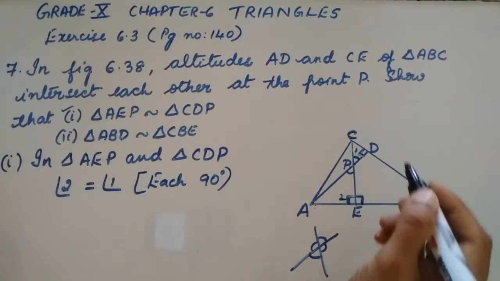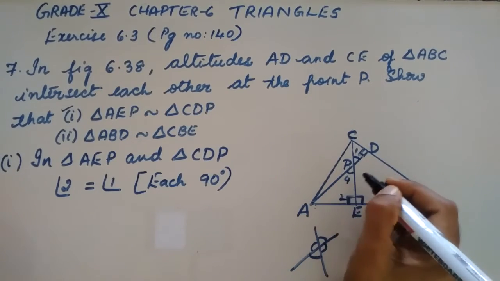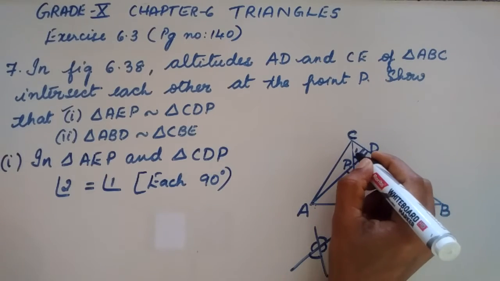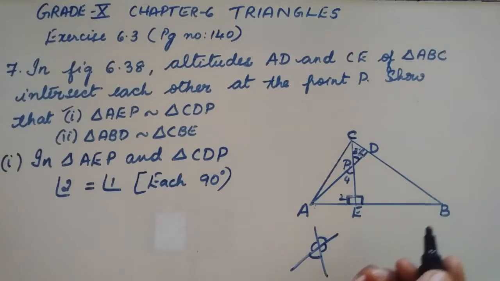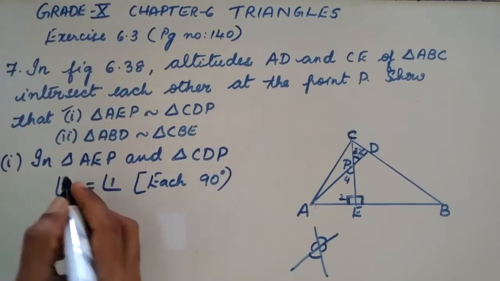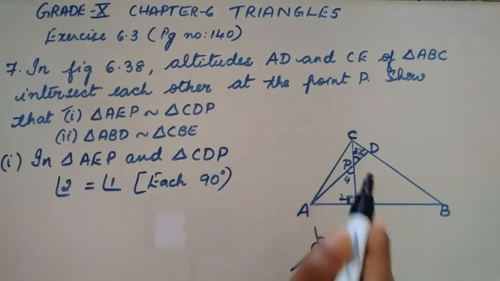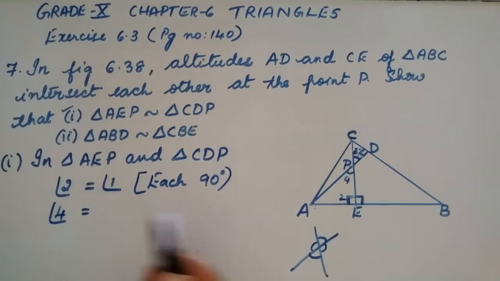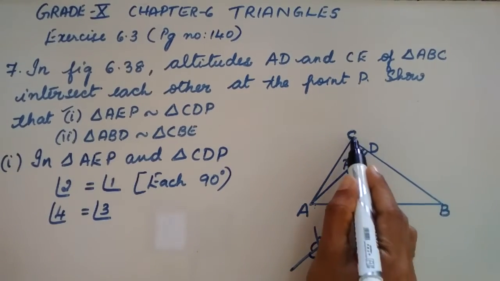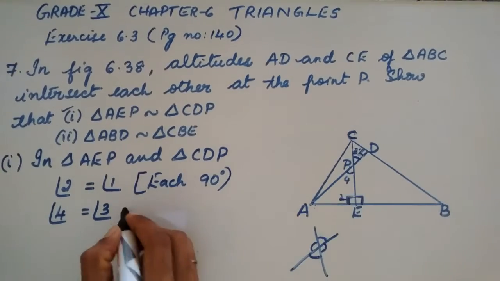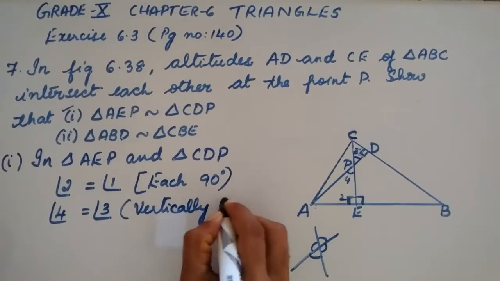Let me name these angles, this as angle 4 and this as angle 3. So here we have angle 4 of triangle AEP is equal to angle 3 of triangle CDP. And what is the reason?